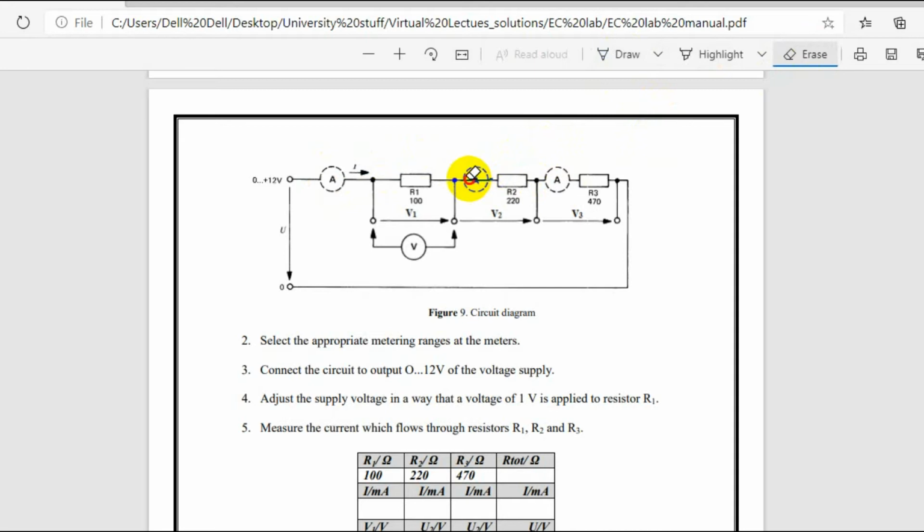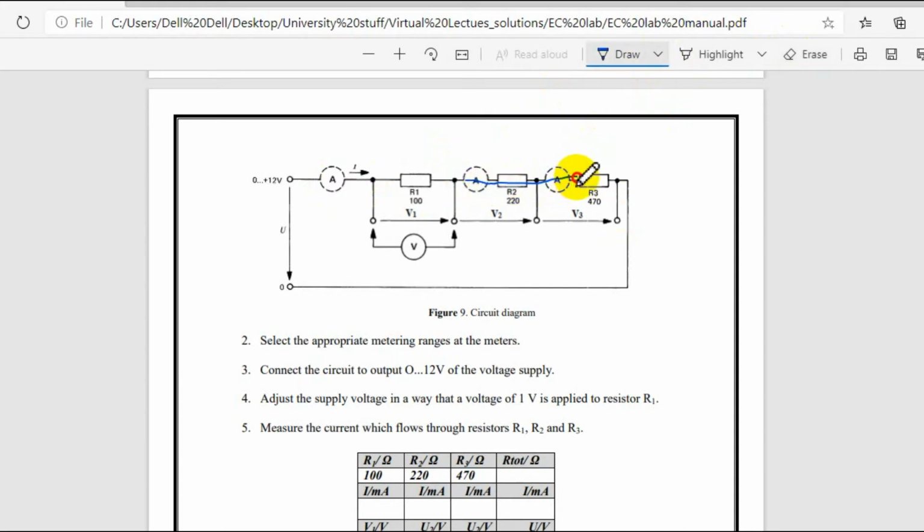First I will connect this and short this too.